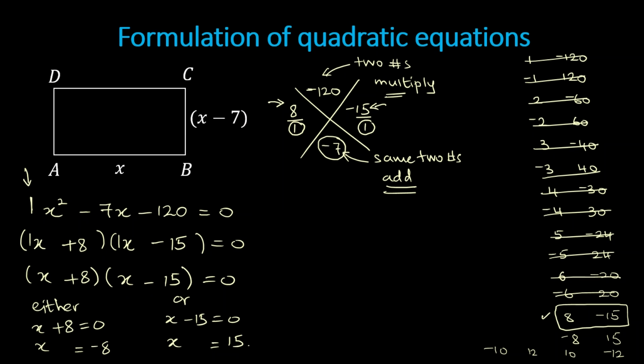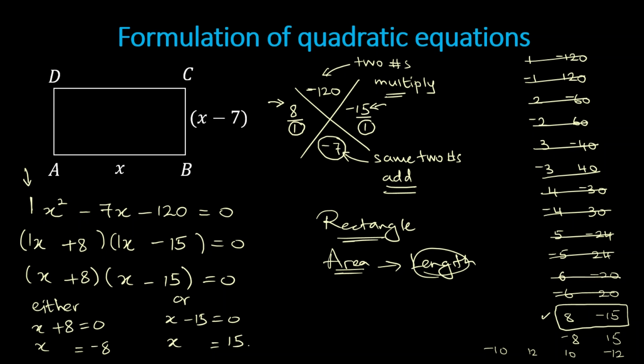But now, since here we are dealing with a rectangle, we are dealing with area of rectangle, and area is related to length. To obtain the area, we take the length, multiply the width. So we are dealing with length.